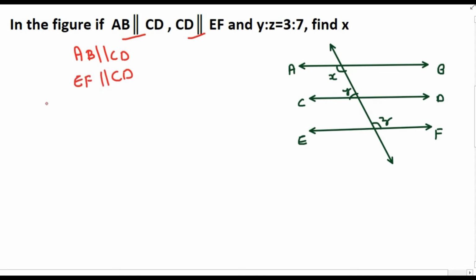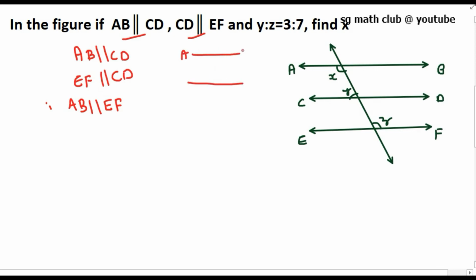So we can write AB is parallel to EF, because we know that lines which are parallel to the same line are parallel to each other. AB is parallel to CD as well as CD is parallel to EF. So I can write AB is parallel to EF.